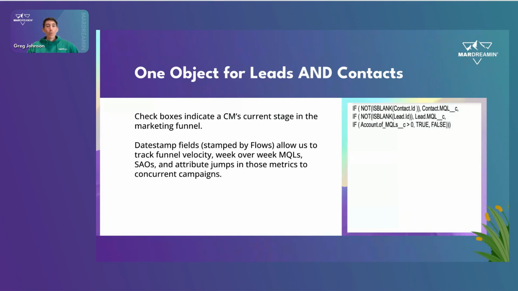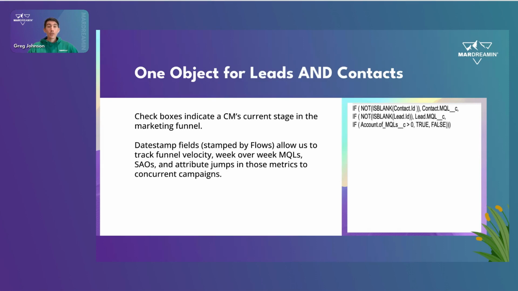So how we are tracking the progression through this campaign, specifically the marketing individuals campaign, is we have a checkbox that indicates the current stage of the campaign member in that funnel. And we also have date stamps associated with all of those checkboxes.